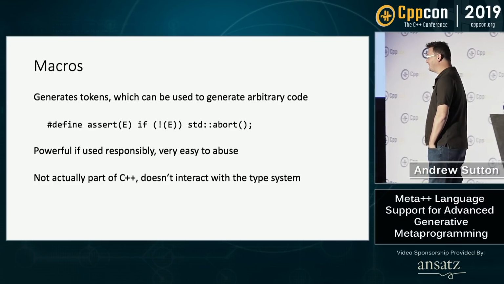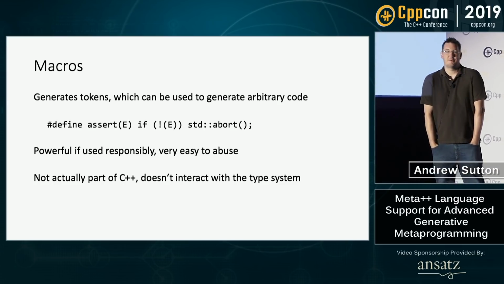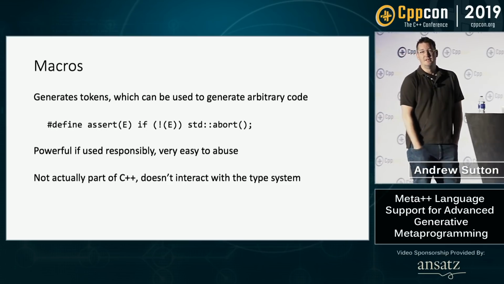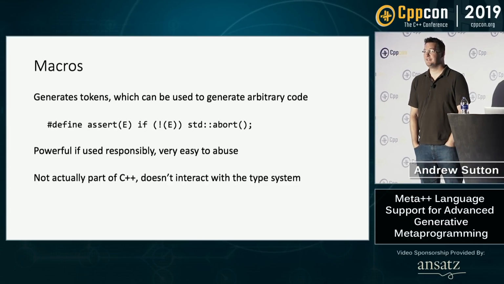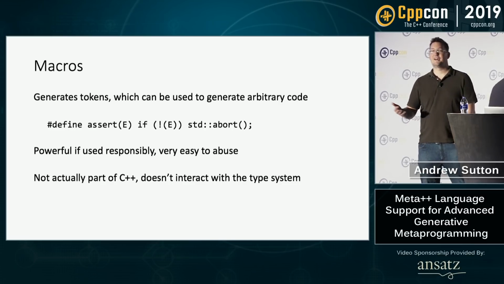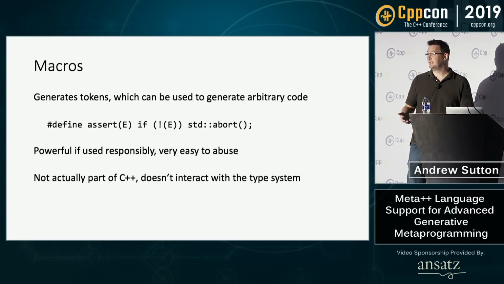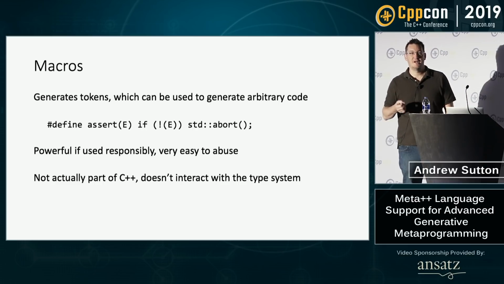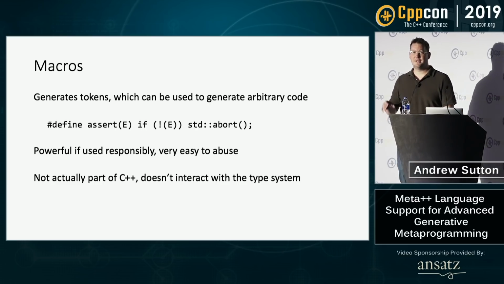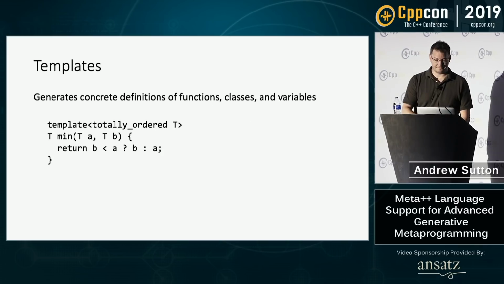The downside about these is they're not actually C++. They are part of the preprocessor. They have no knowledge of what your program is or what it does. You can't use the preprocessor in a way that relies on whether a type is trivially copyable or not, right? That happens before any processing does. So it's powerful, but it does have some shortcomings for what we want.